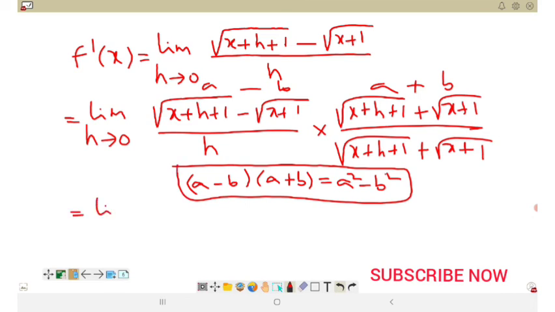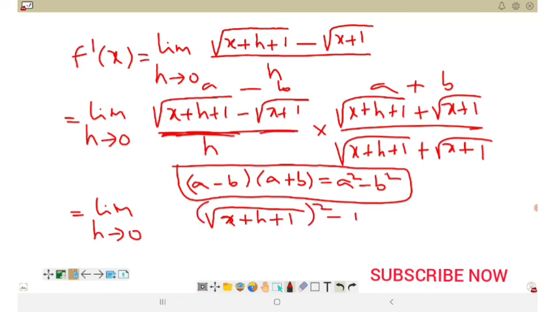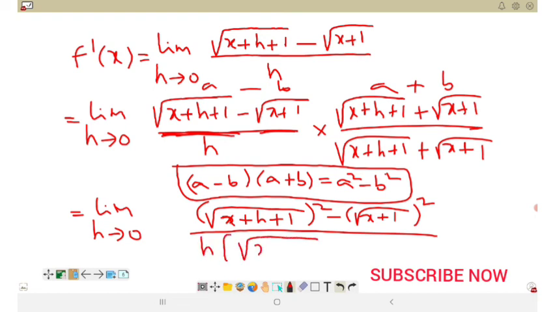So limit h tends to 0, a is equal to root x plus h plus 1, root x plus h plus 1 whole square, minus b is equal to root x plus 1 whole square, by h into root x plus h plus 1 plus root x plus 1. So here square root cancels.